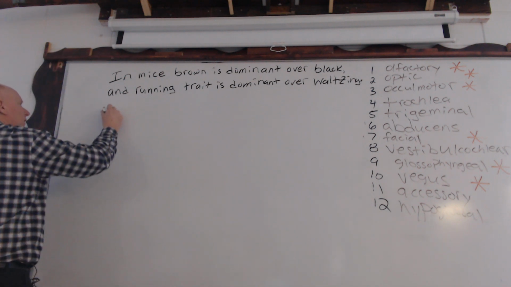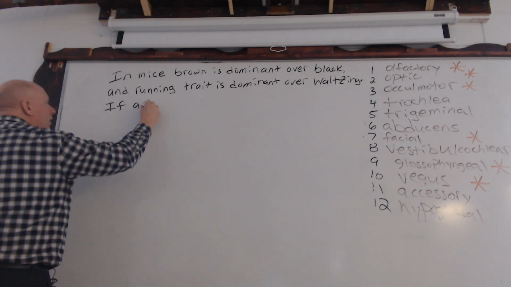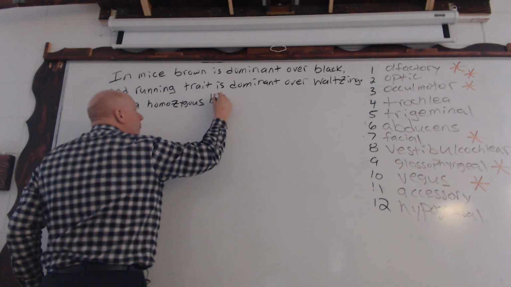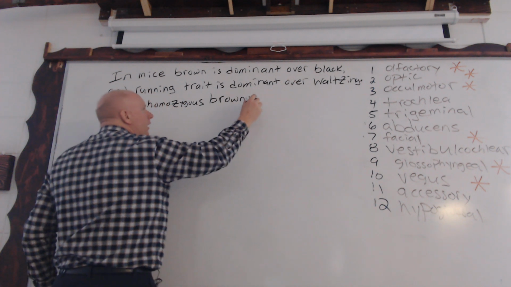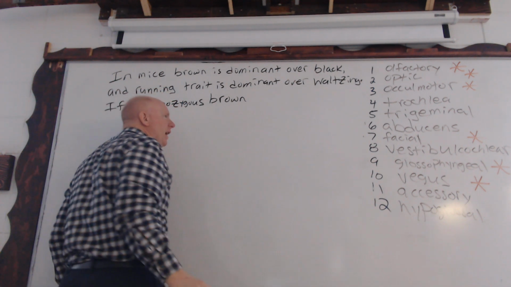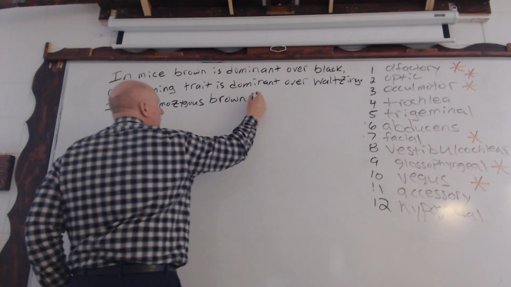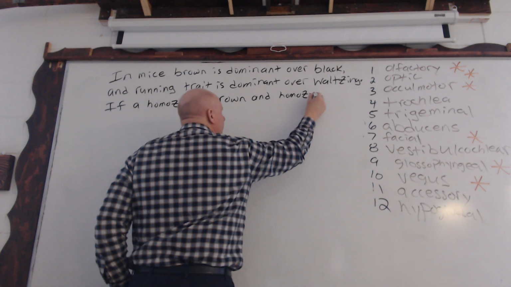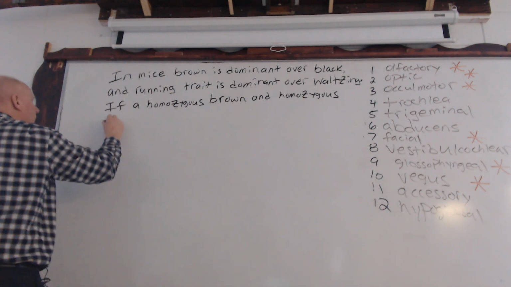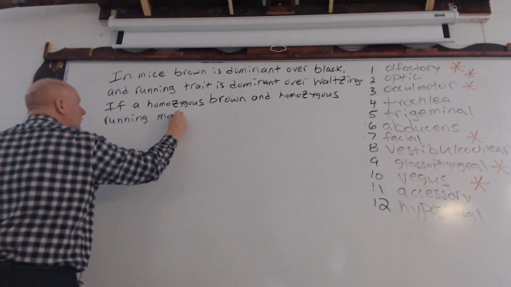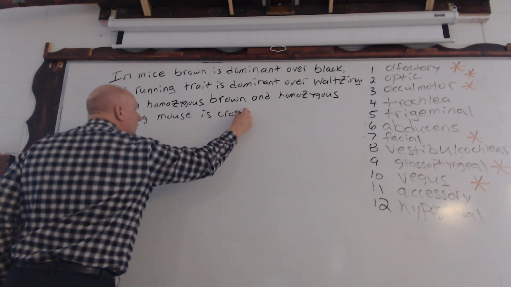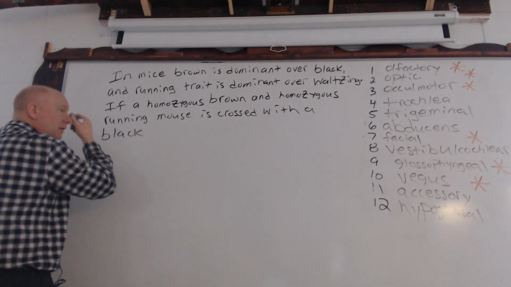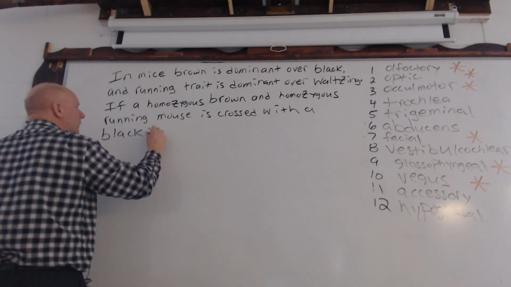So what we want to do is, if a homozygous brown, and we don't want to have any Shivera mice, so we'll just go ahead and say, and homozygous running mouse is crossed with a black waltzing mouse.